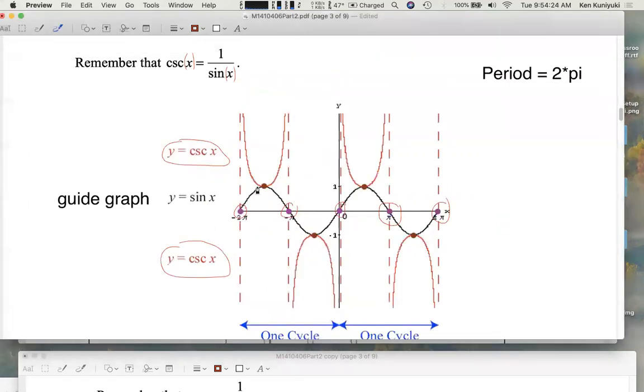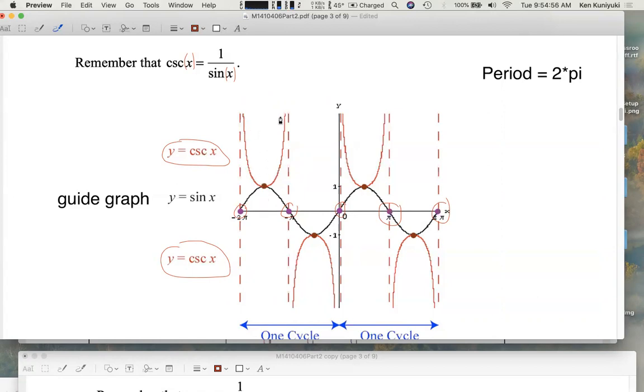Positive to positive, negative to negative. So it makes sense that both the sine and the cosecant pieces will be either above the x-axis, like over here, or below the x-axis, like over here. Also, we get an up-U shape. First of all, it makes sense that since we have a symmetric sine lump between the two VAs here, this piece for cosecant will also be symmetric about this line.